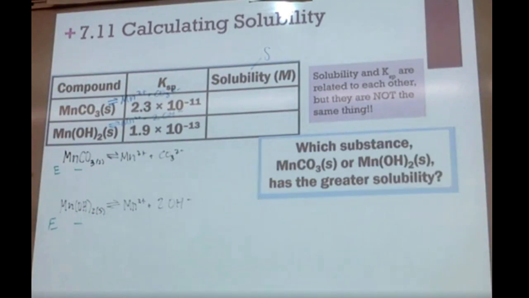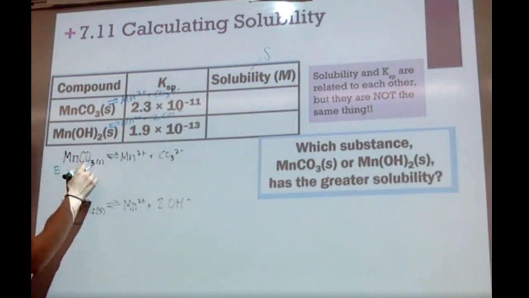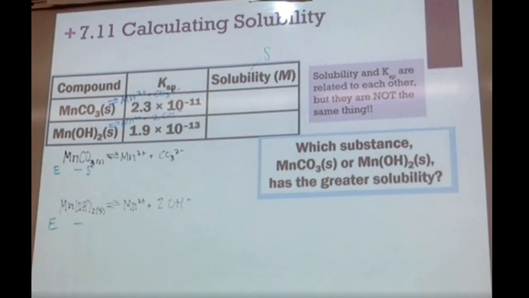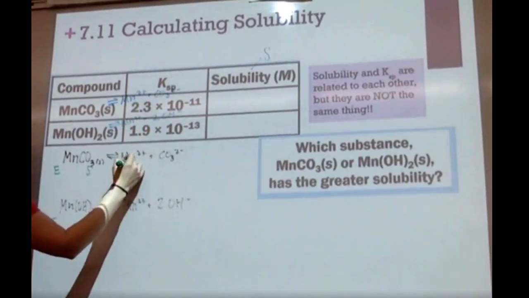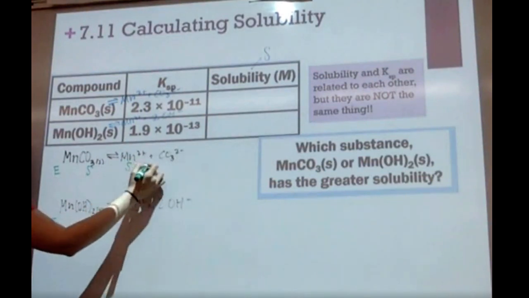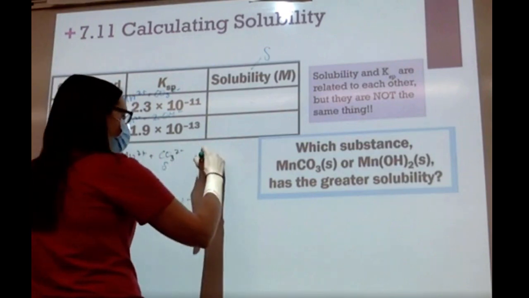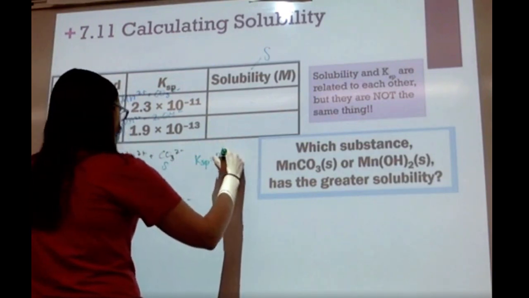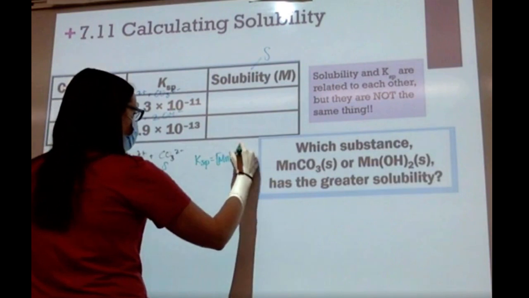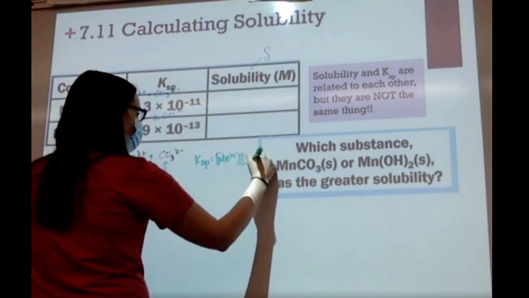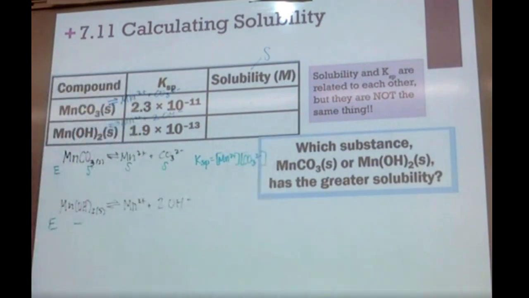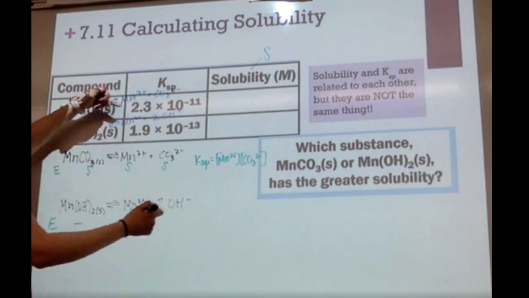And so if we have S amount of MnCO3 dissolve, we also have S amount of Mn2+ and S amount of CO3 2-. And so if we plug that into the KSP expression, KSP is just going to be Mn2+ concentration times CO3 2- concentration because solids aren't included. Well, here's our KSP expression.